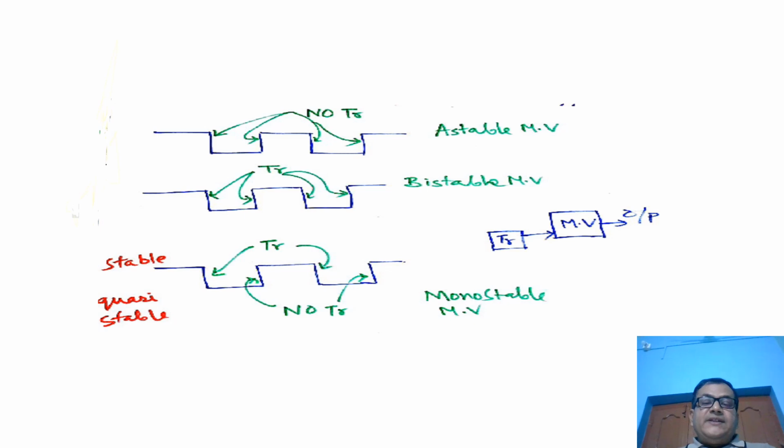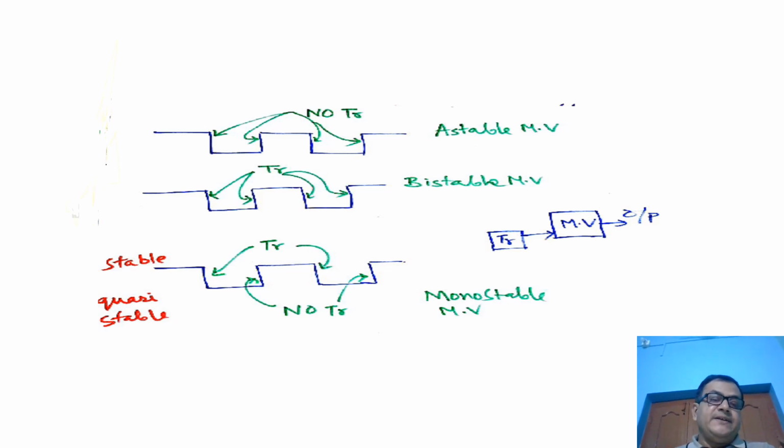Now the last one, that is the monostable multivibrator. Mono means one. So either of the states, either 0 or 1, will be stable, and the other one will be quasi-stable state. In this figure, we have considered the 1 state is stable and the 0 state is quasi-stable state.